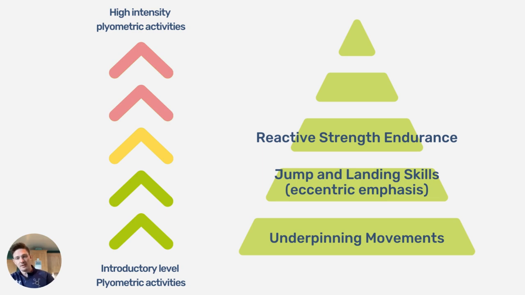They might have done skipping by this point, but this would be looking at higher intensity than skipping. So it could be things like bounding, where you're bounding from one leg to the other. If you're on a pitch or a court, you're going for distance, covering 5 or 10 steps for maximum distance. You're really trying to push the distance that you're able to cover.